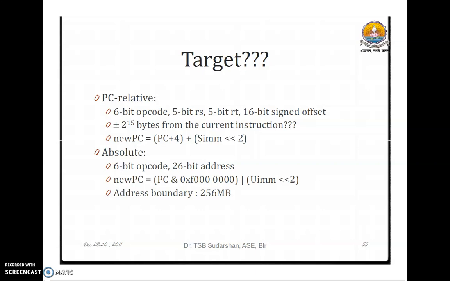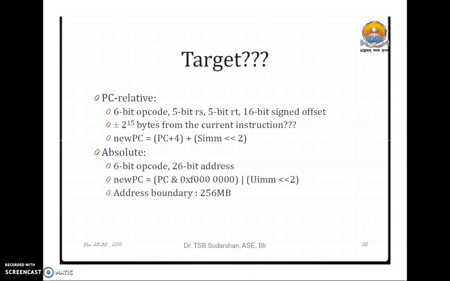So new PC will be equal to PC plus 4, which is the updated PC value, plus signed immediate left shifted by 2 bits. So why do we left shift? The objective is to convert the address given into a word aligned address. Left shifting by 2 bits is the same as multiplying by 4, and we know that an address becomes word aligned if it is a multiple of 4.